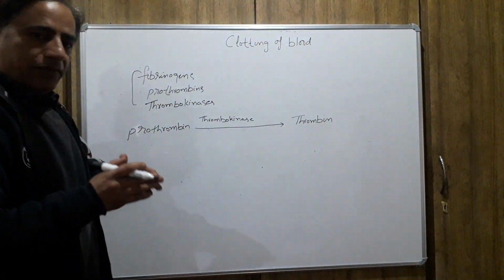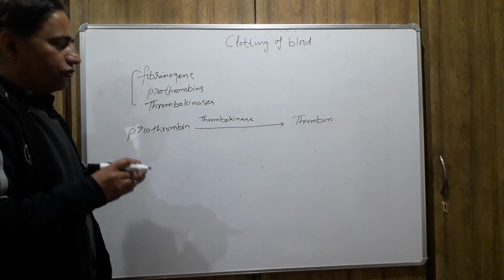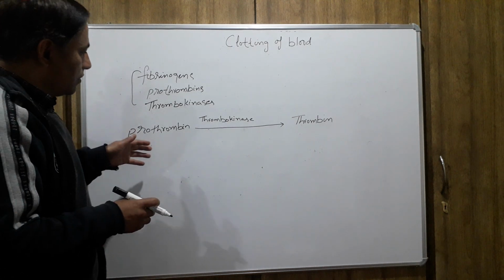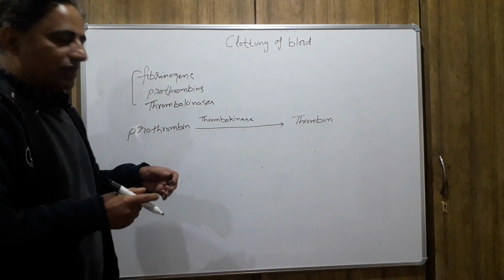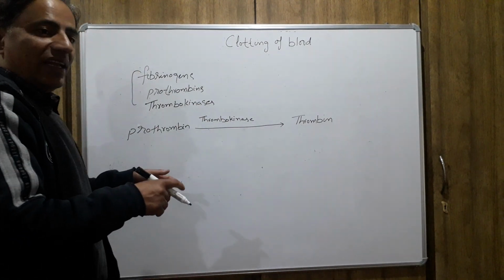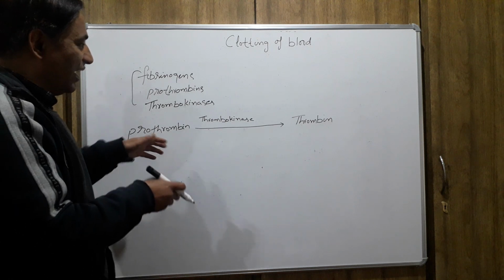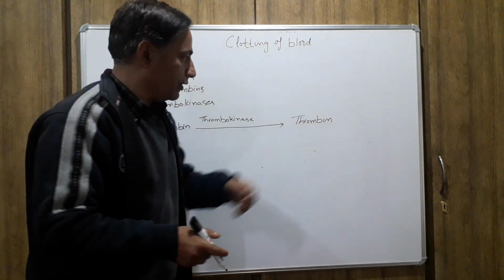So, in the first step, whenever the body gets injured, the thrombokinases come to the site of the injury and change the zymogen, the inactive prothrombin, into an active thrombin.